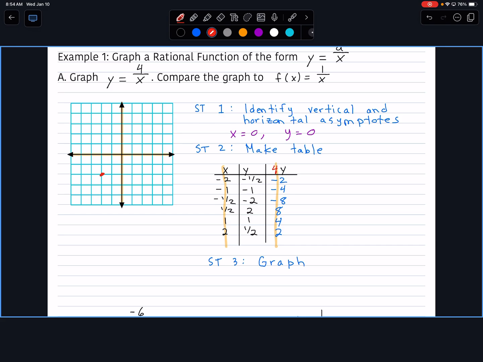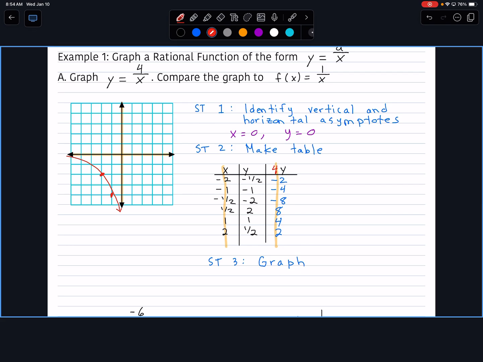And then let's do -1, -4. I'm not going to do the other one because it's going to go off. So this first branch is going to look like this. It's going to hug here, and it's going to hug that vertical asymptote.